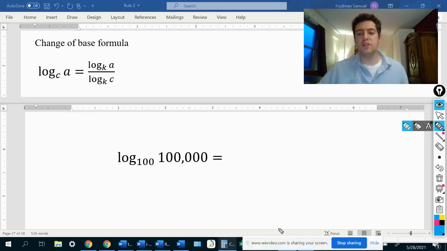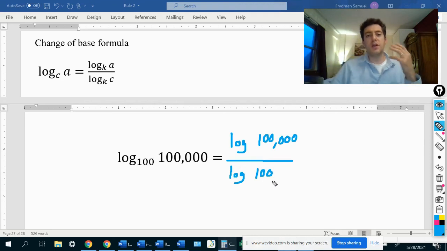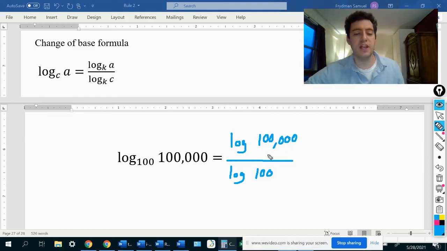But we could use the change of base formula. We could say that this is equal to the log of 100,000 over the log of 100, and then we would just have to think of some convenient base to use over here. Well, 100,000 and 100 are both powers of 10, so 10 is a pretty convenient base for us to use.